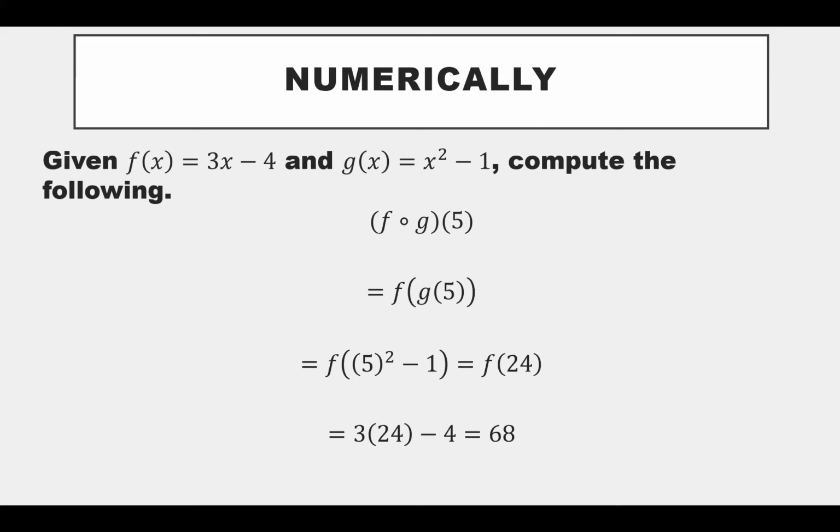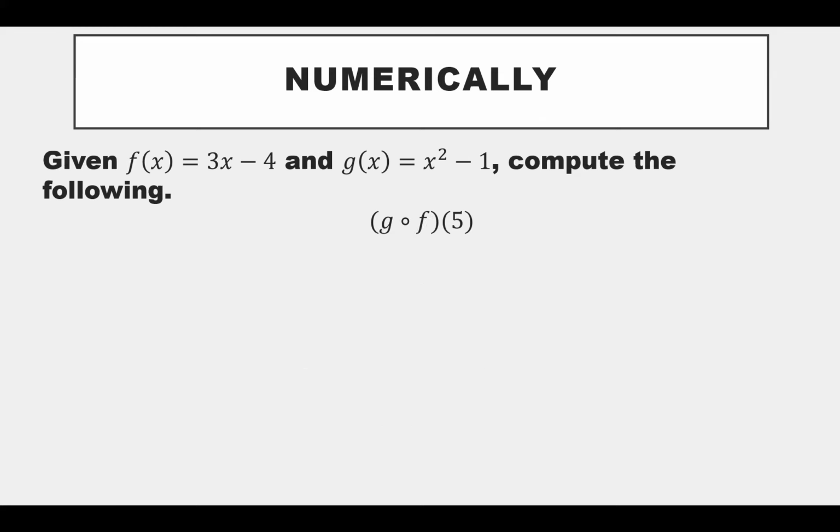We can compose functions in the opposite direction as well. If I do g of f of 5, then I would be plugging in 5 as the input of f. That is 3 times 5 minus 4, which is 11. Then I plug that 11 into g.